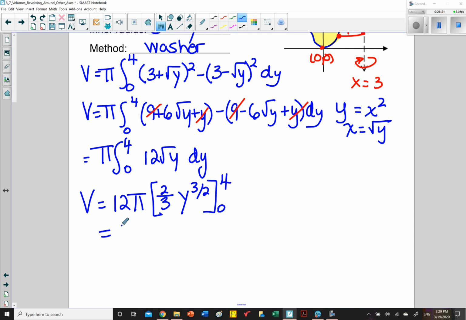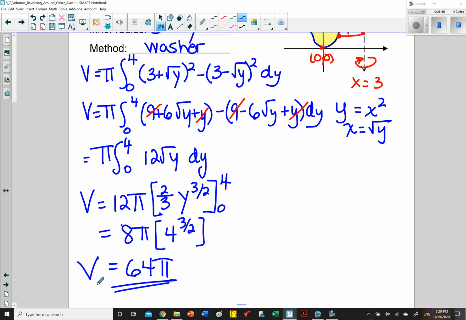So that's what? 3 goes into 12, 4 times 2 is 8. So we have 8 pi with y to the 3/2 minus 0 to the 3/2. So the square root of 4 is 2. 2 cubed is 8. 8 times 8 pi is 64 pi. Our volume is 64 pi. That wasn't bad. It looked a lot harder than it was.